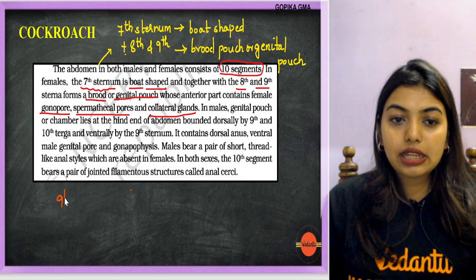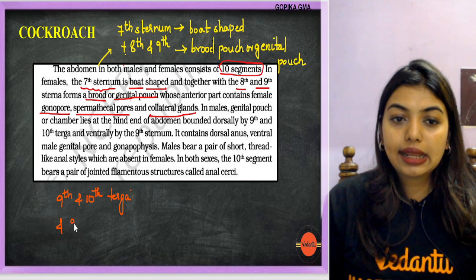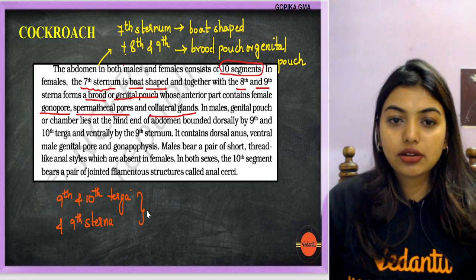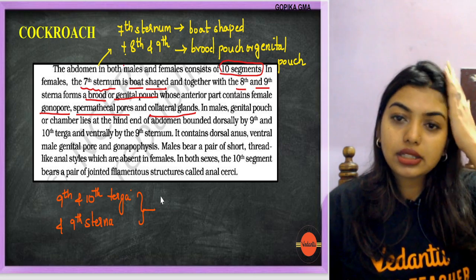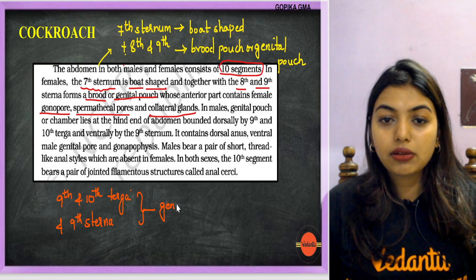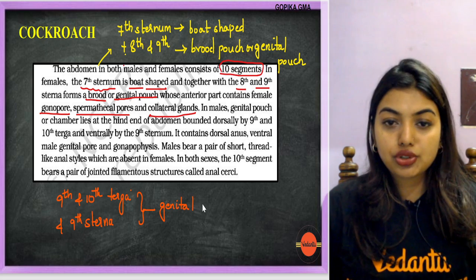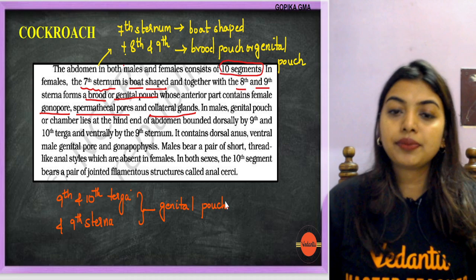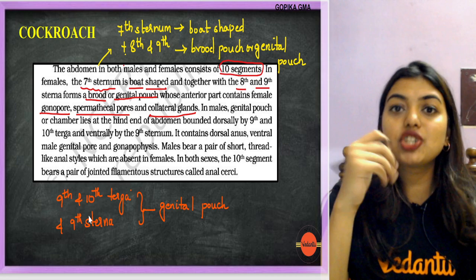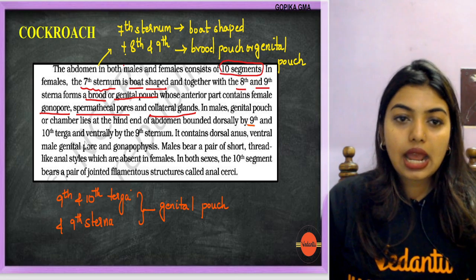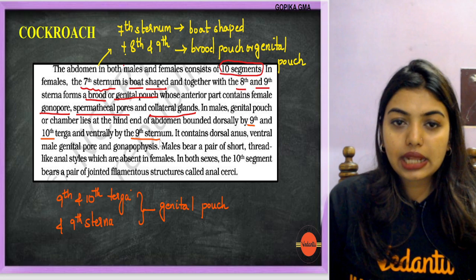So here they are telling that in males, the 9th and 10th terga and the 9th sterna together form the genital pouch. Genital pouch. Got it?